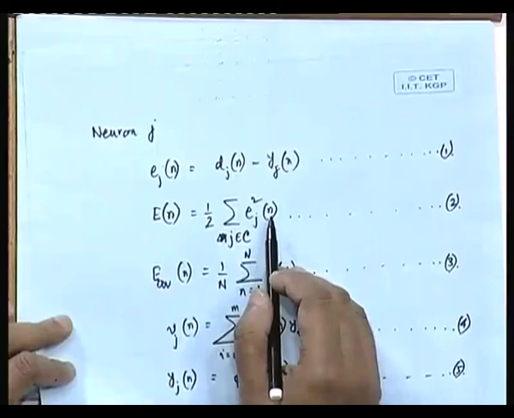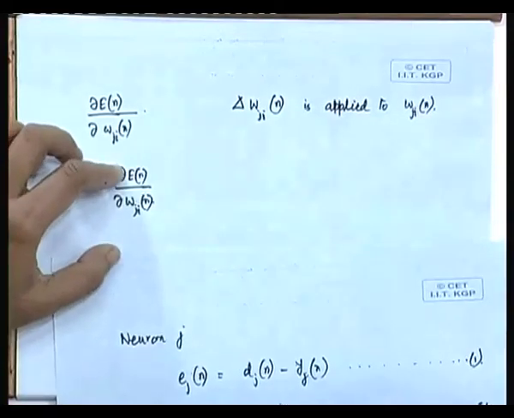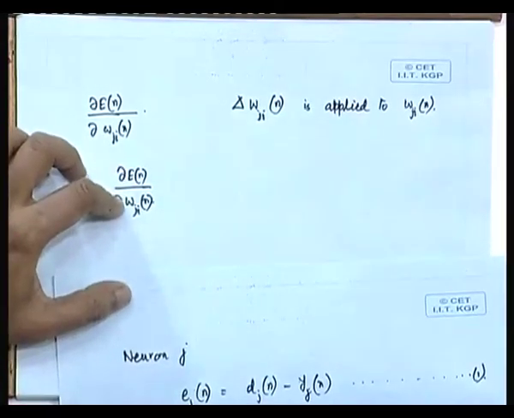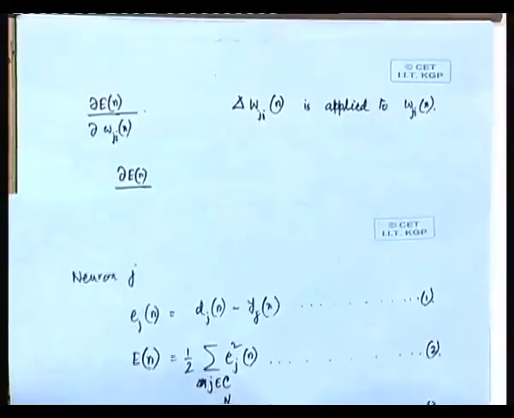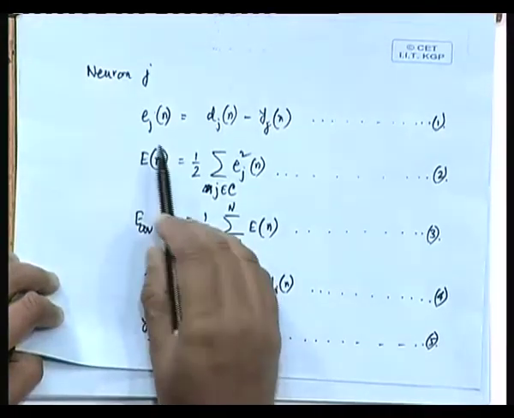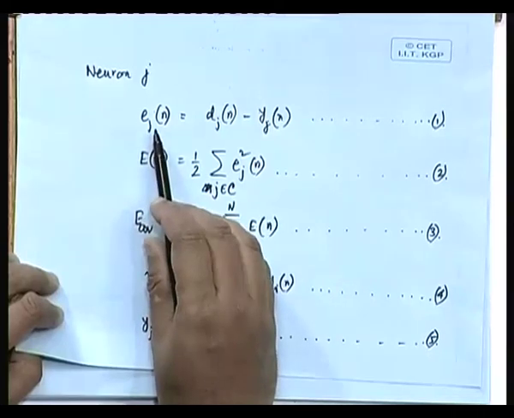The best thing is to first calculate dou En with respect to dou Ej, which we can very simply calculate from equation number 2, and then multiply this partial derivative by dou Ej dou Wjin.